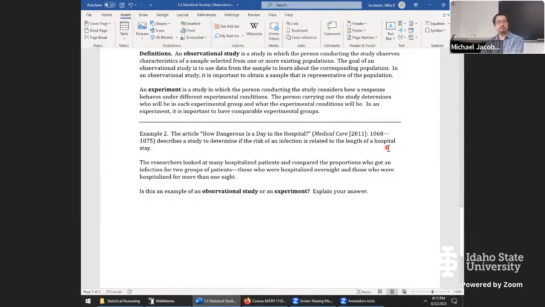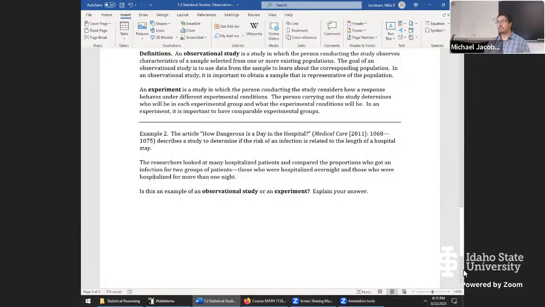And when you say that, I think a lot of people already have expectations. I would expect if I'm in the hospital for 100 days, my risk of infection is probably pretty high versus just going to the hospital for 1 day and out. But this is what the researchers actually did. They looked at many hospital patients, compared the proportions who got an infection for 2 groups of patients, those who were hospitalized overnight, that's the first group, and those who were hospitalized for more than 1 night is the second group.